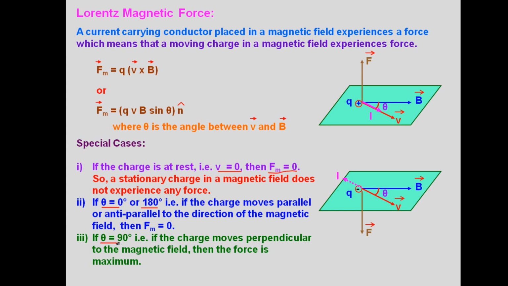Then another condition, if the charge particle is moving perpendicular to the field, then the force acting on it will be maximum because sin 90 will be maximum. So maximum value of force will be qvB. It is basically in the form of magnitude. So you can note it down if required.